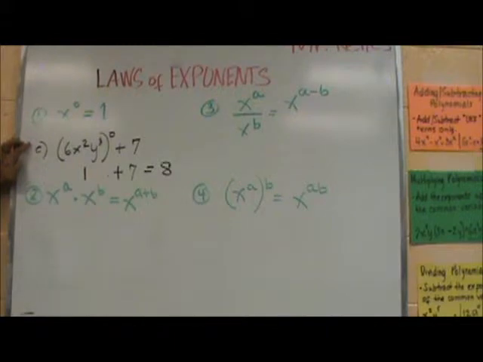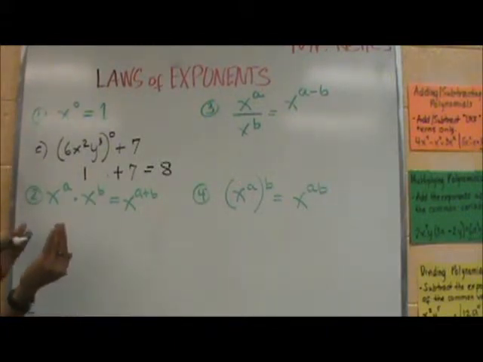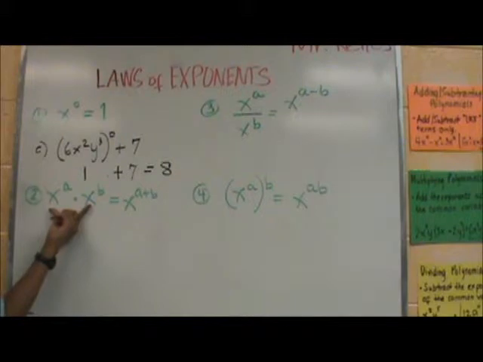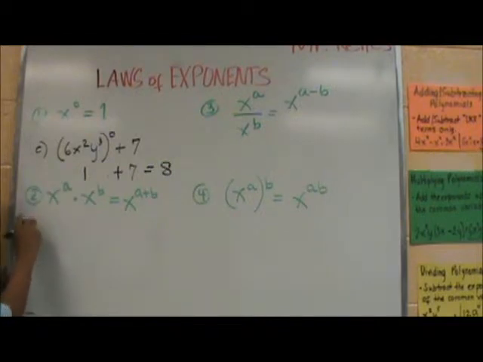Now let's go to law number 2. In law number 2, if we multiply the same variable, if the base of the terms are the same, all we have to do is to add the exponents. Since we started with x, why not have an example?